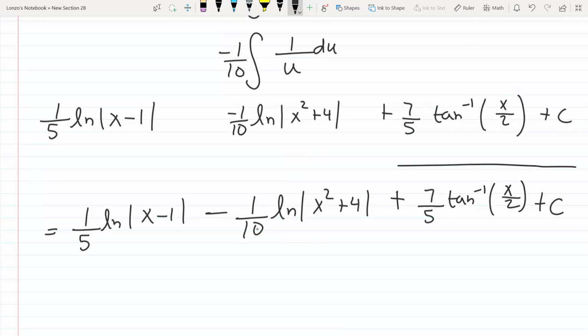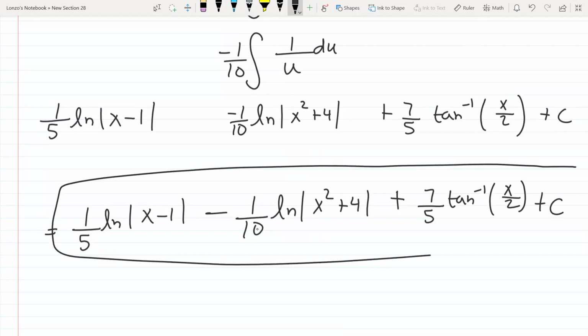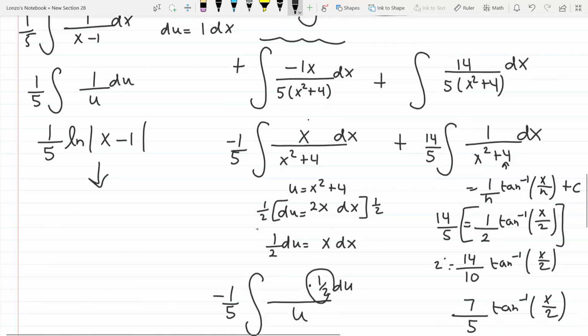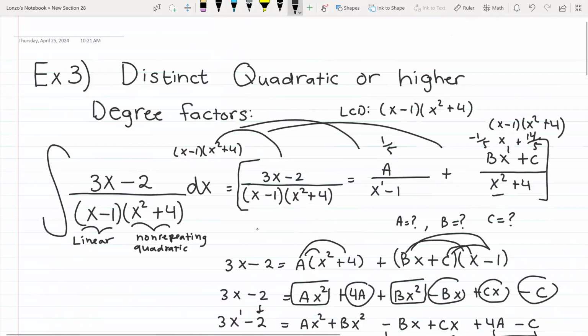And that's it. That is your final answer. Yeah, this was a long one, a longer example with all the work. So this was a partial fraction with a non-repeating linear and a non-repeating quadratic. Okay, I will stop here.